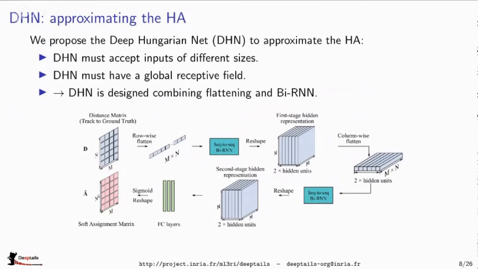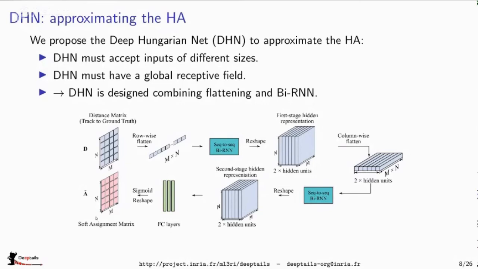So at the end, what we did is that we combined different flattening operations with sequence-to-sequence bidirectional recurrent neural networks in this way. We first have a row-wise flatten, a BRNN, and then a column-wise flatten, again a BRNN, and then we are able to output a soft assignment matrix.